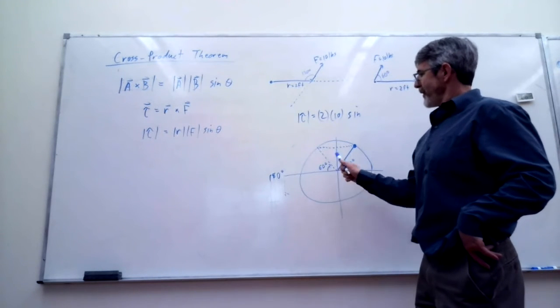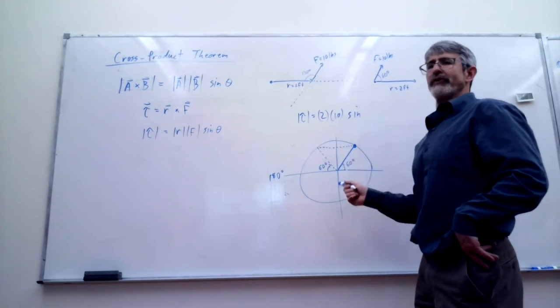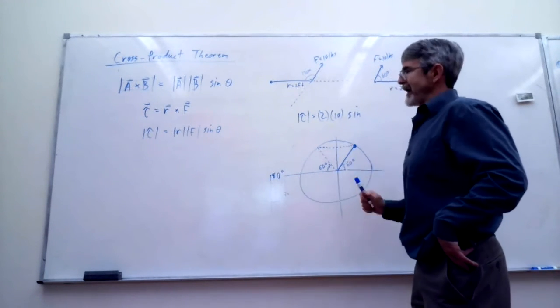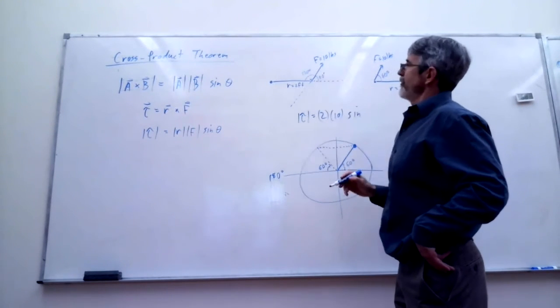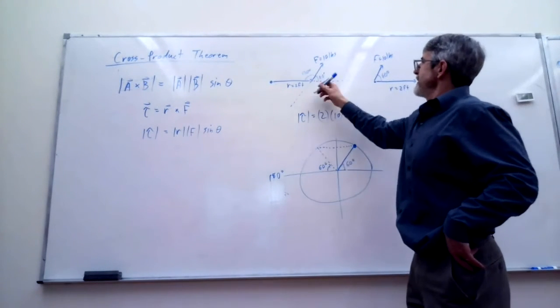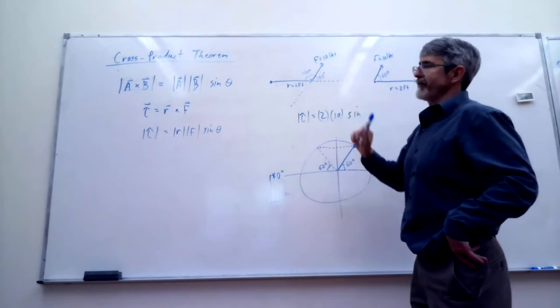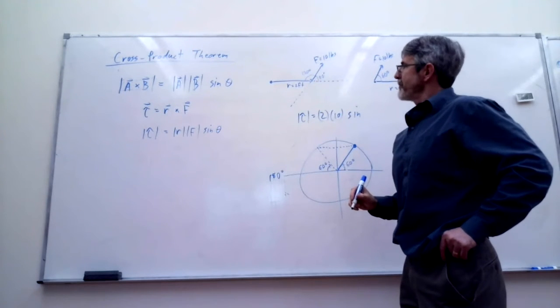So the sine of 120 and the sine of 60 are the same. The sine of supplementary angles, those that add up to 180, will be the same. So in physics, we don't really worry if we use the 60 or the 120. You can take any of these angles when you're trying to find the torque.